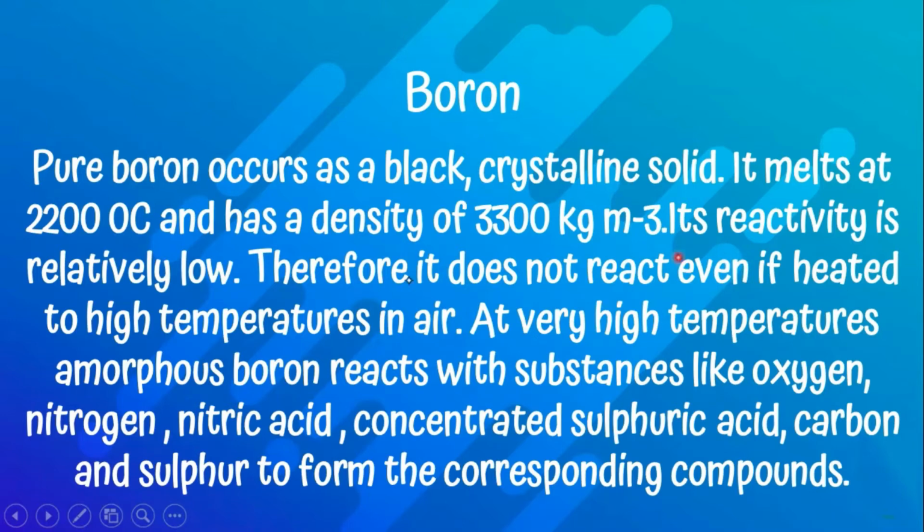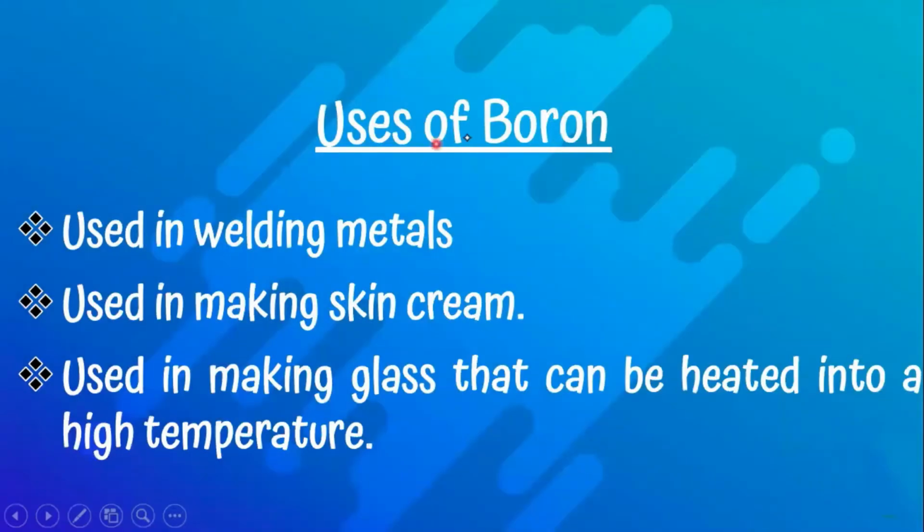At very high temperatures, amorphous boron reacts with substances like oxygen, nitrogen, nitric acid, concentrated sulfuric acid, carbon and sulfur to form the corresponding compounds. Uses of boron: used in welding metals, used in making skin cream, used in making glass that can be heated to high temperature.